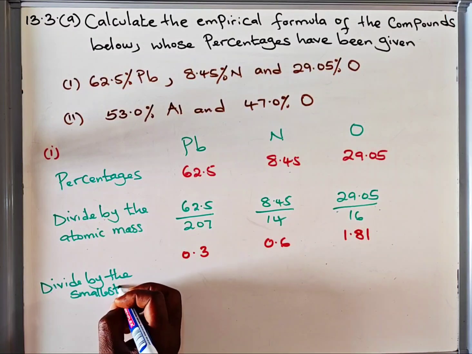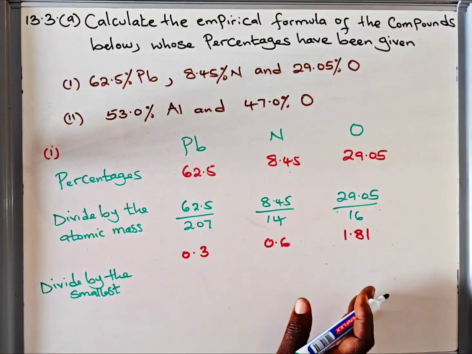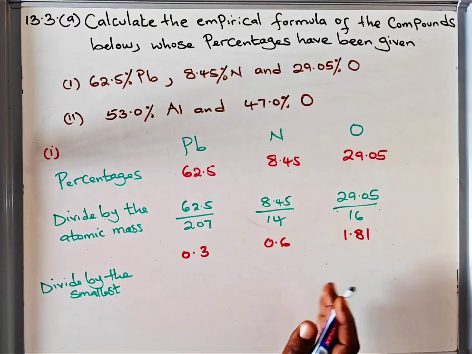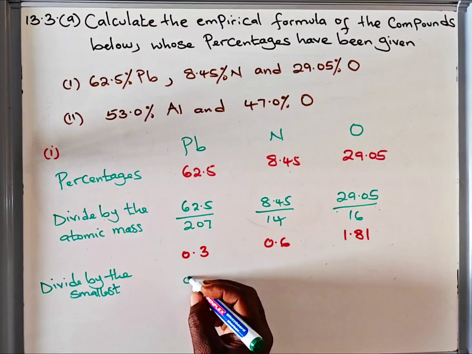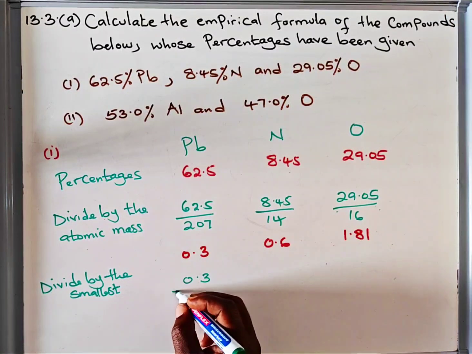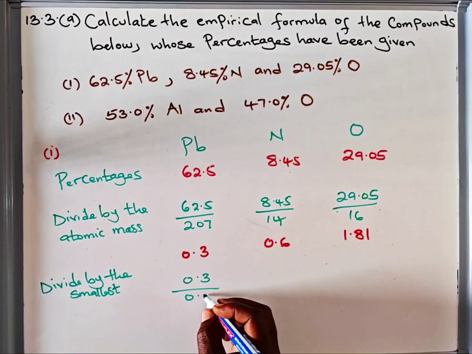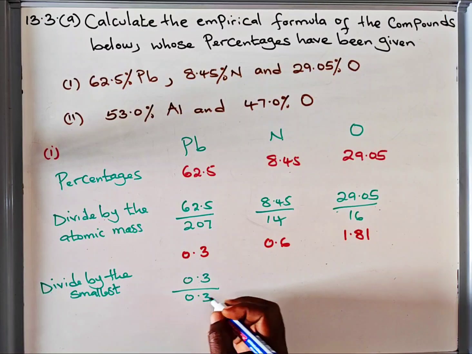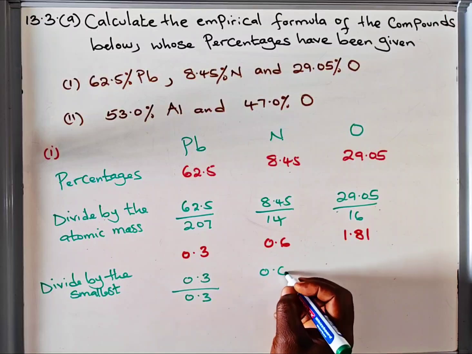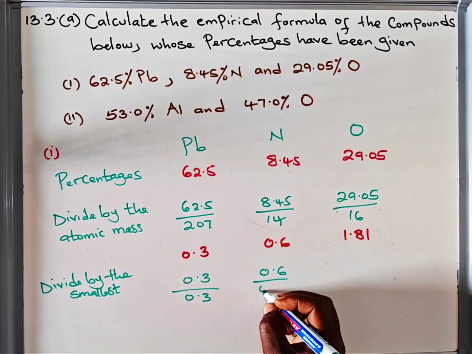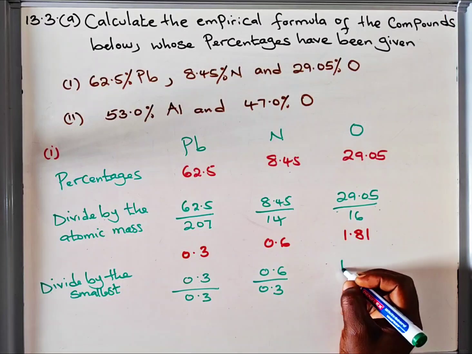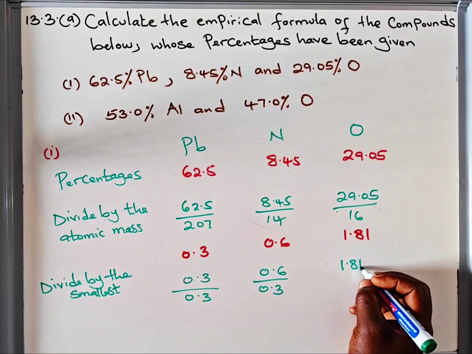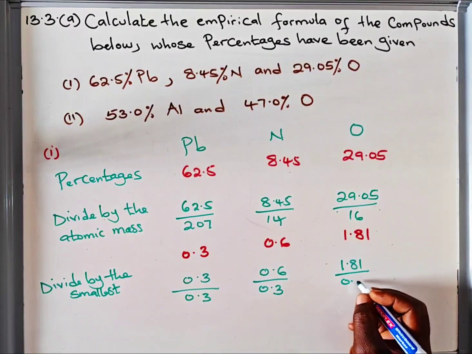Normally we do this to get whole numbers because these are the ratios already. So what is the smallest of all this? It is 0.3. So 0.3 divided by 0.3, then 0.6 divided by 0.3, then 1.81 divided by 0.3.